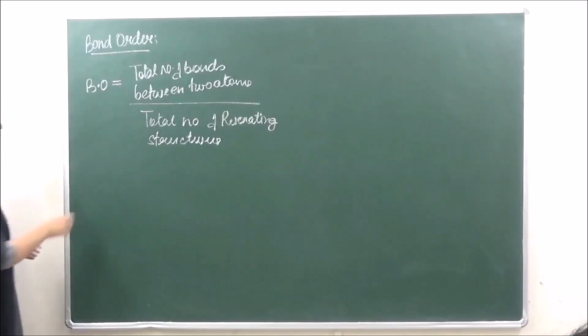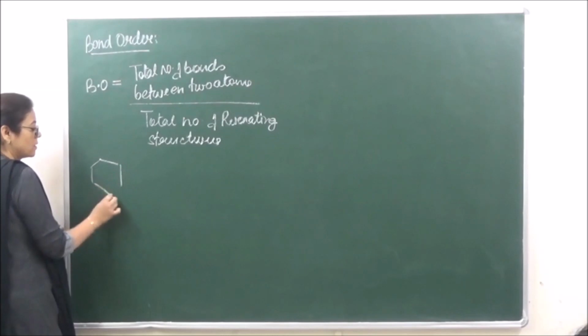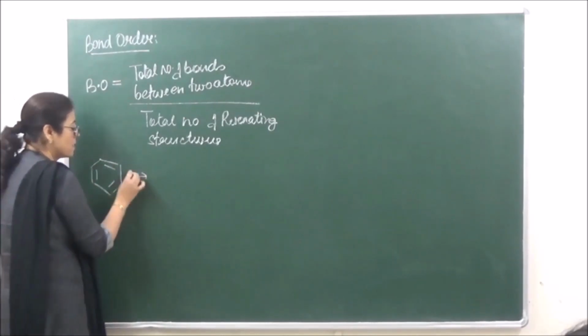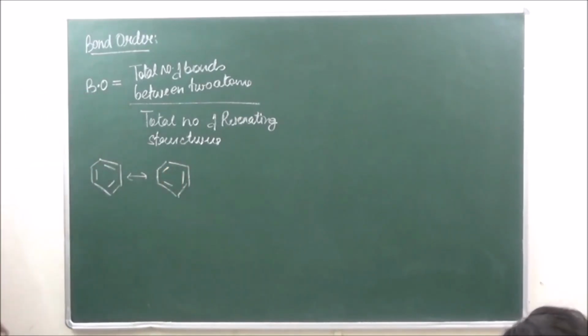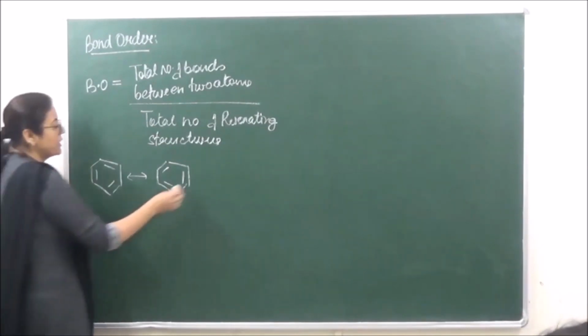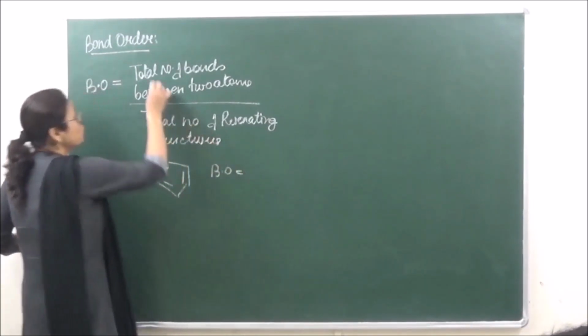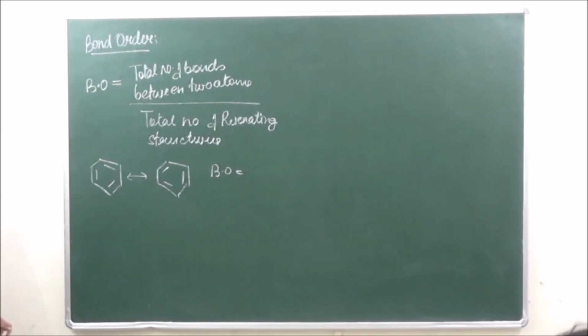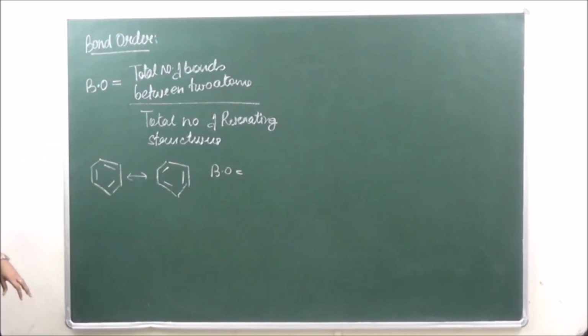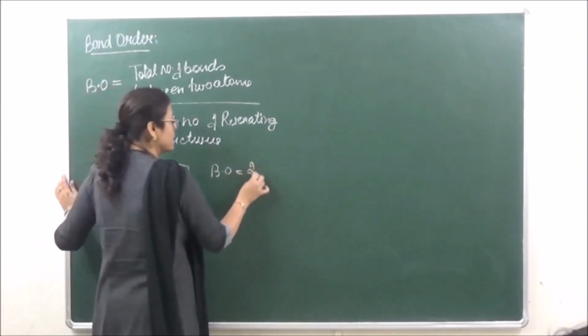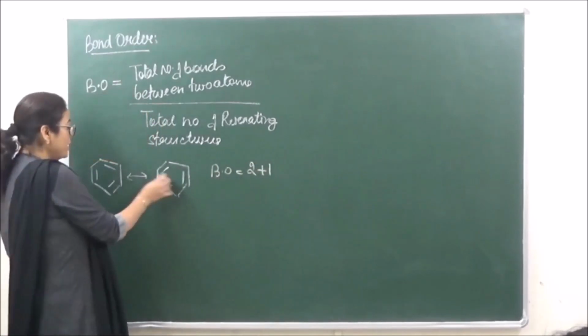जैसे for example, let's calculate the bond order for benzene. This is the resonating structures of benzene. ठीक है ये आ गया, अब बॉन्ड ऑर्डर हमको कैलकुलेट करना है. So total number of bonds between two atoms, when we are talking of two atoms, this and this, right? So what are the total number of bonds over here? There are going to be 2 bonds, right, and there is 1 bond. Okay, so this carbon will have 2 + 1, and how many resonating structures?